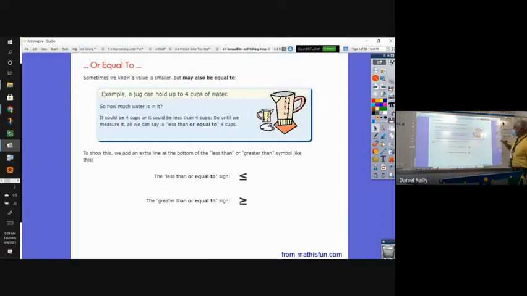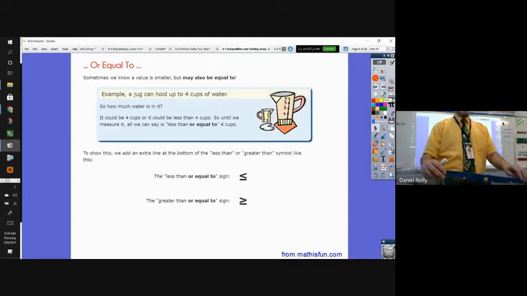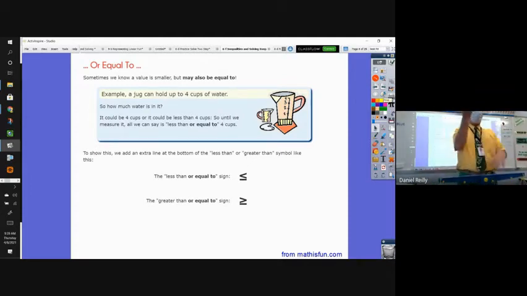Well, there's also a situation where not only could the two numbers be not equal, but they can also be equal. So sometimes the boundary number is going to be included. And when that's the case, we use these symbols, which you may not have seen before. Did you see these last year? Okay, so this symbol is a greater than or equal to.